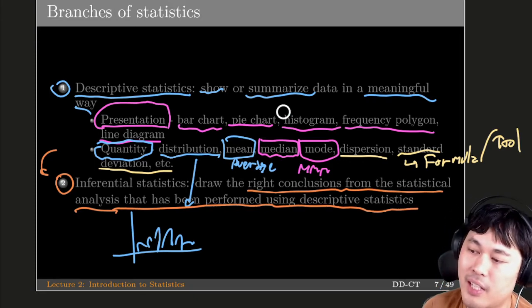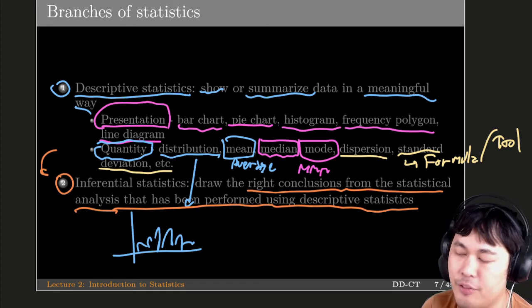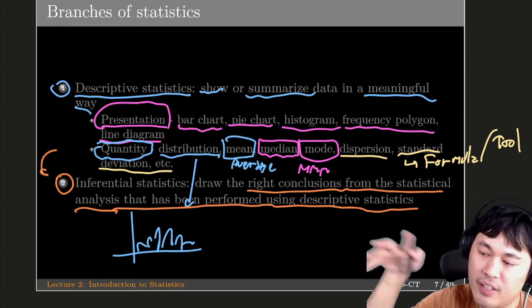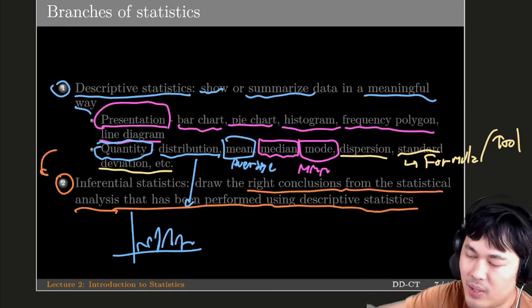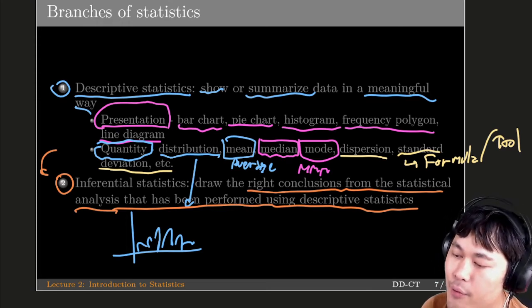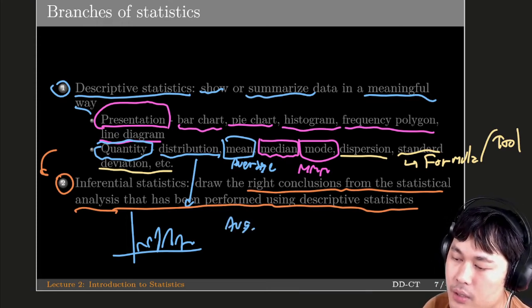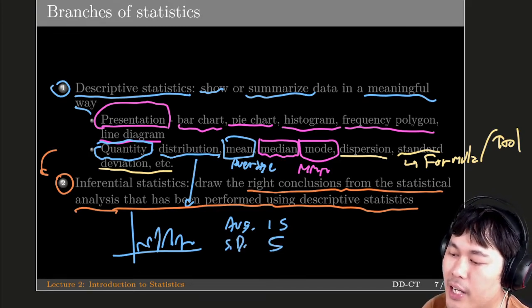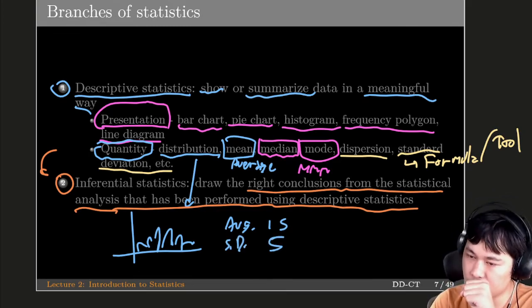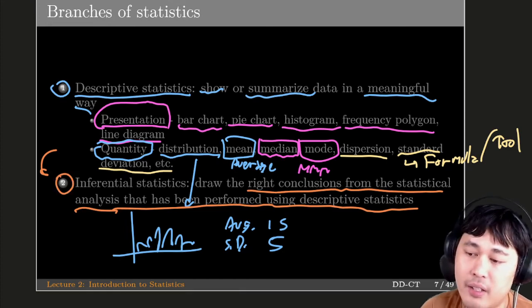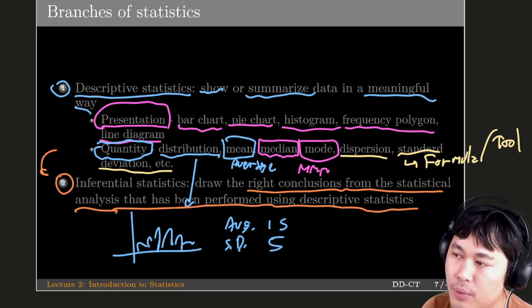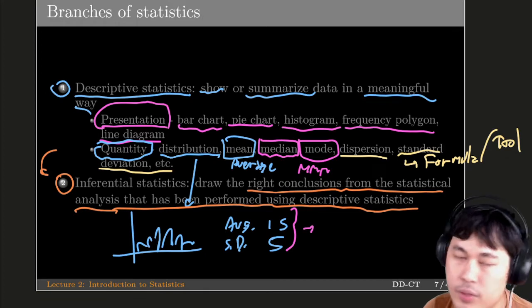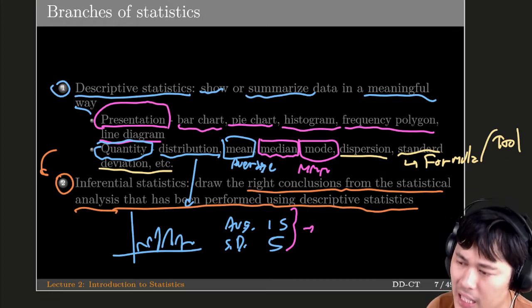For instance, you may say, okay, the mean from the first part, after we put everything into the app or Excel, says the average is, let's say, 15. The standard deviation is 5. Then in the second part, in the inferential statistics, we want to use those numbers to say something about the data.